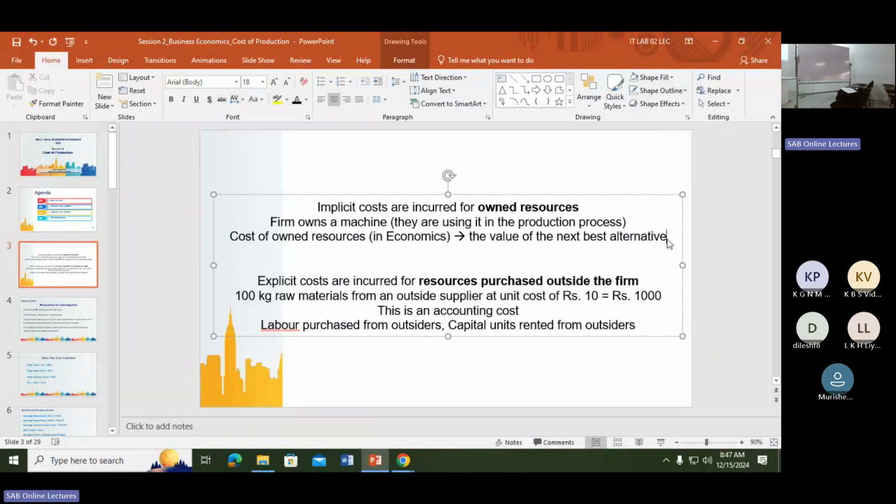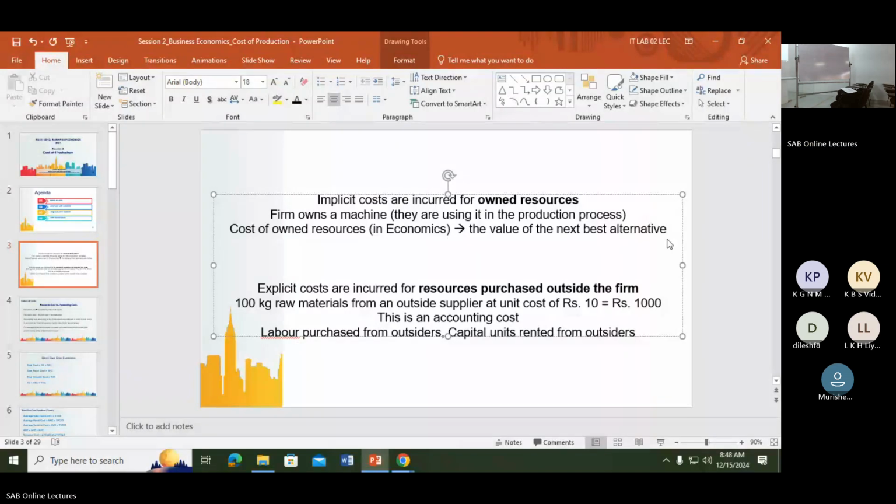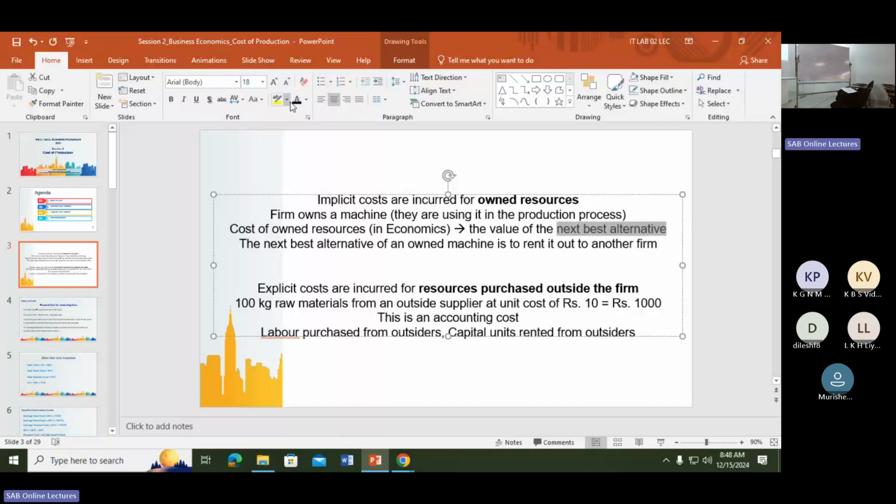The next best alternative is to rent it out to another firm.